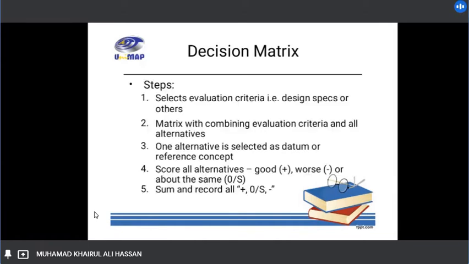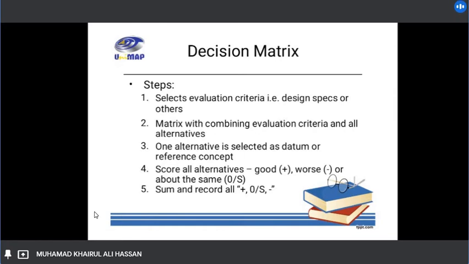First step, we select evaluation criteria, for example the design specification or others. Then we build a matrix combining the evaluation criteria and all alternatives. Third step, one alternative is selected as the datum or reference. That means we take one of the options as a datum or reference, and then we compare and score all alternatives. If better, we put plus.